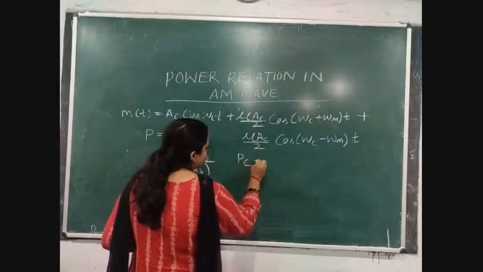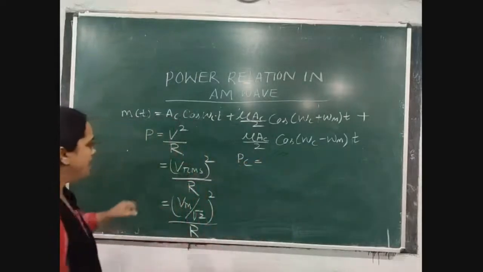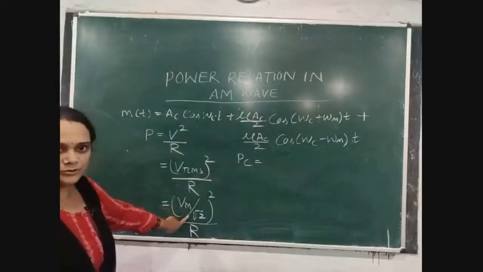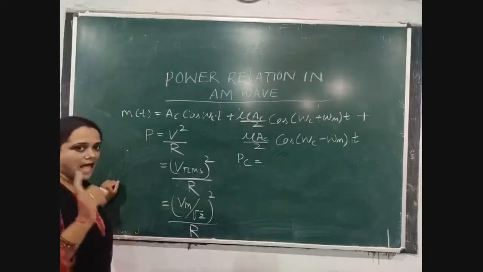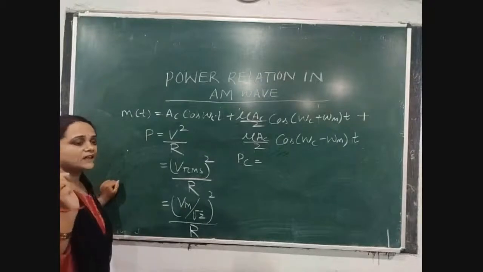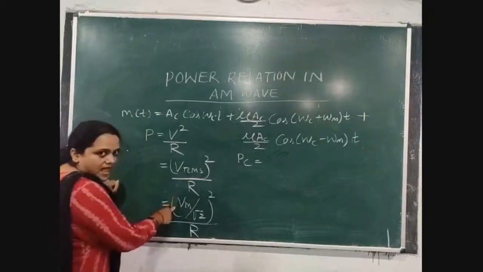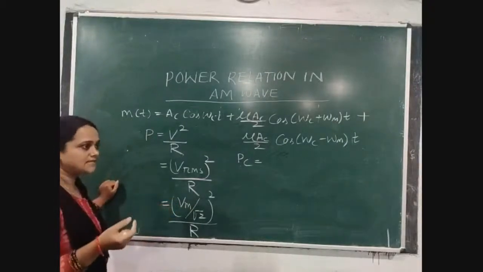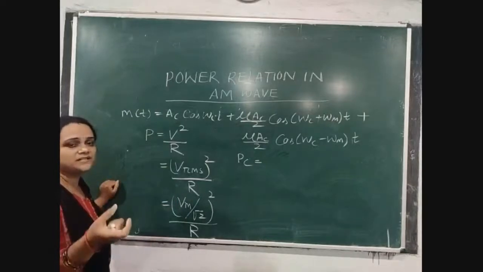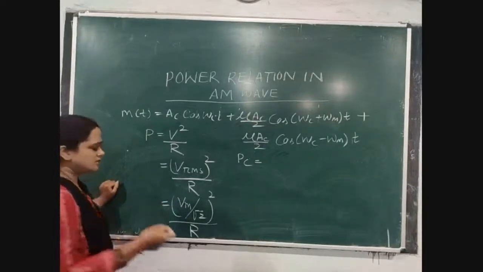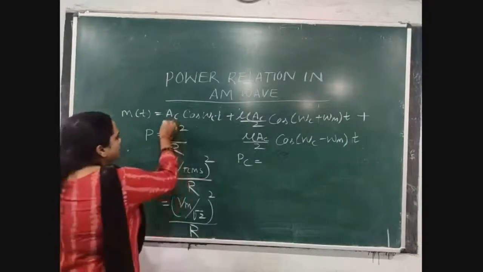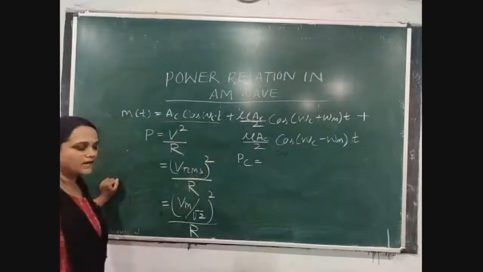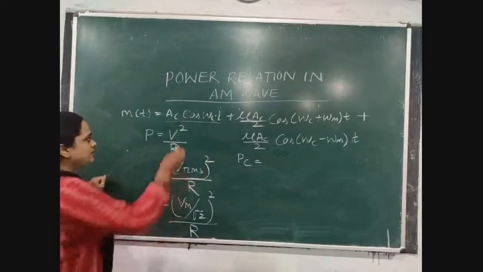So first PC, Vm by root 2. What is this Vm? I told you before, amplitude is the same as voltage, or we can say the amplitude is represented by voltage. So Am is similar to Vm. In the carrier signal, what is the Vm value?